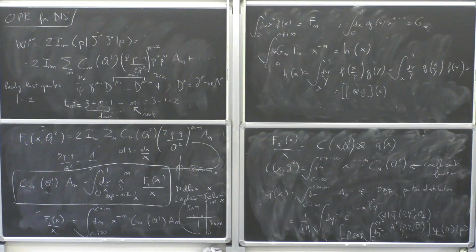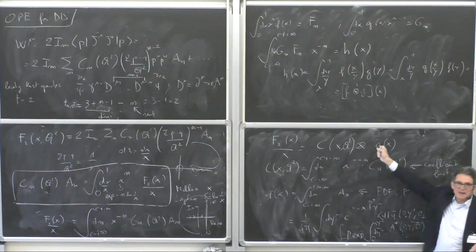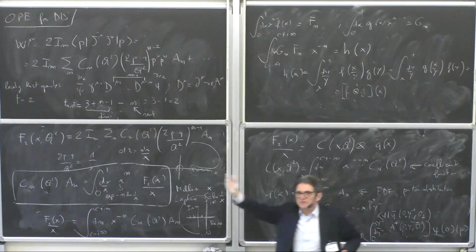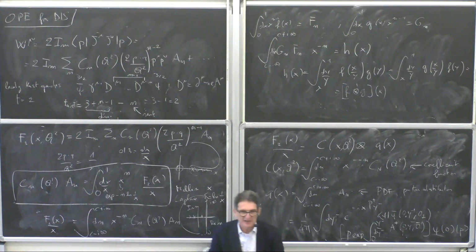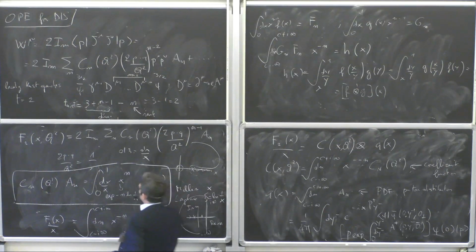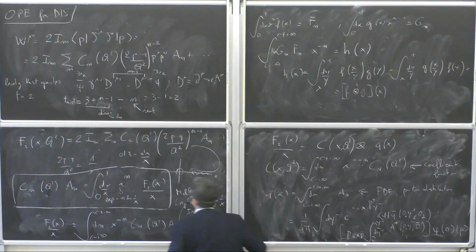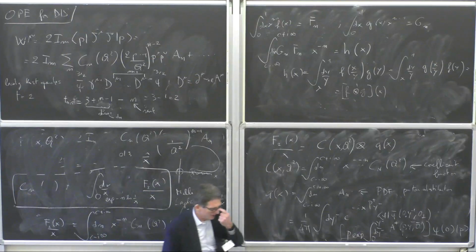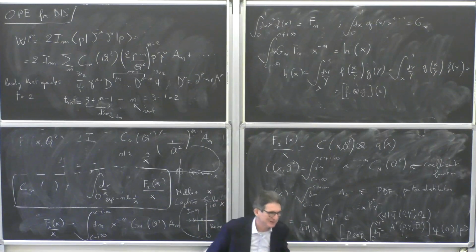The OPE for DIS allows us to write the structure function as a convolution of a coefficient function times a parton distribution, where I define them respectively as inverse Mellin transform of Wilson coefficients and operator matrix elements. So next chapter is getting the parton model out of this. And then the next chapter, which I may not be able to do today, will be to actually get the full-fledged QCD factorization out of this.